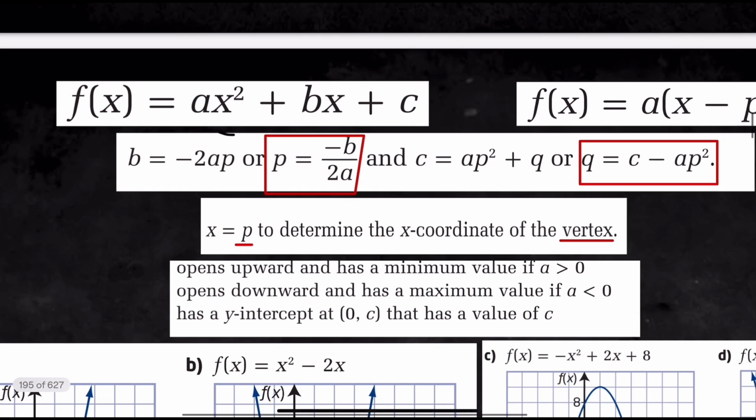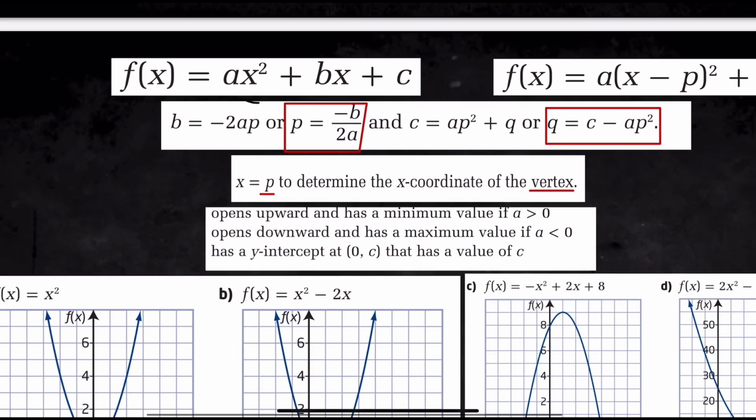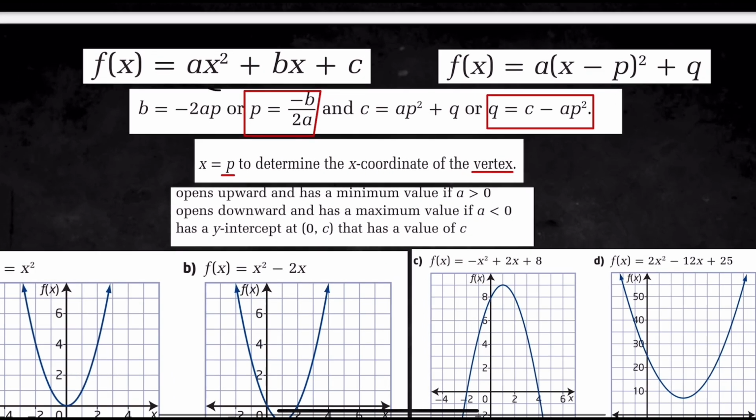To find the vertex, you need to know these equations. This is the standard form and this is the vertex form. If you want to go from standard form to vertex form, so you can know where your vertex is, you should calculate your p.